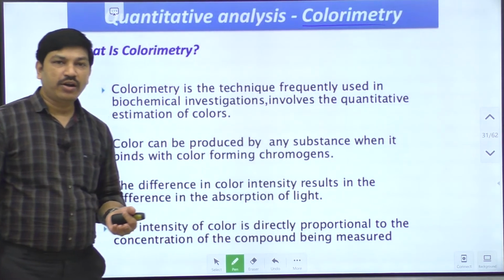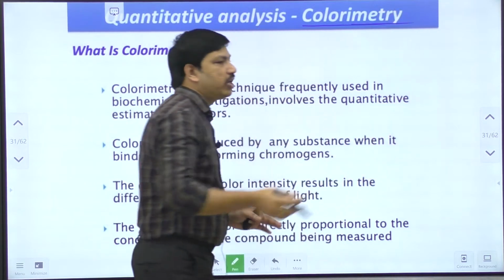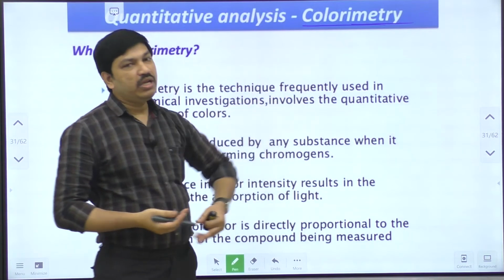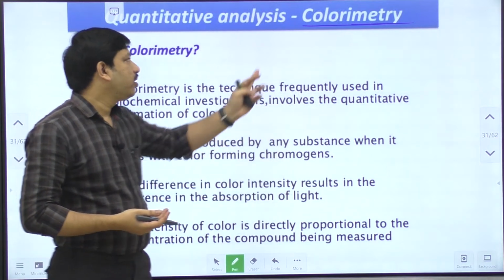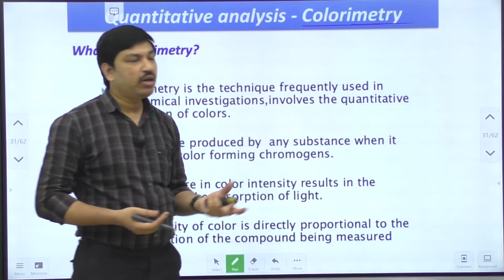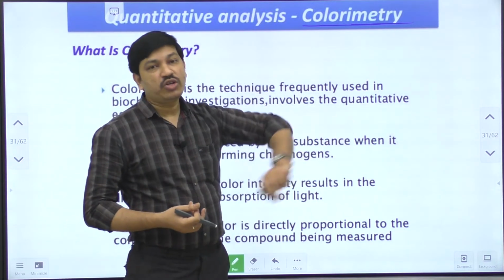We have different types of titration. Basically, metry is nothing but measurement. So colorimetry means in this experiment we are determining the color intensity of the given compound. Depending on the color intensity, we are measuring the corresponding absorption values.